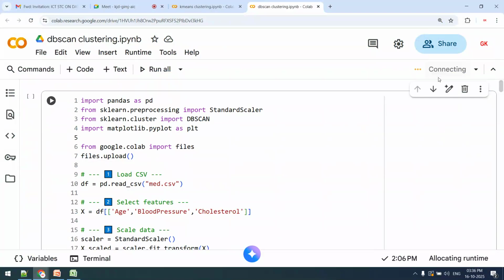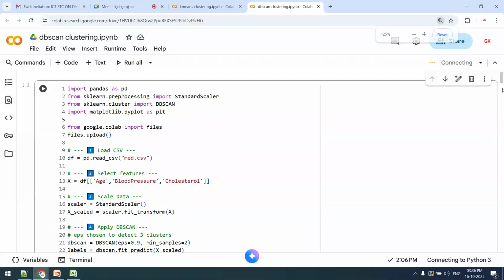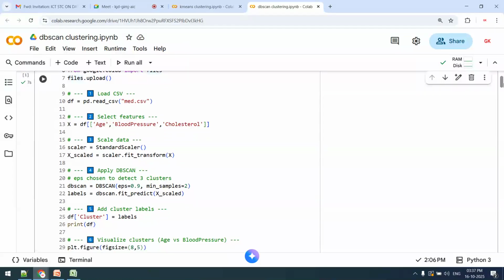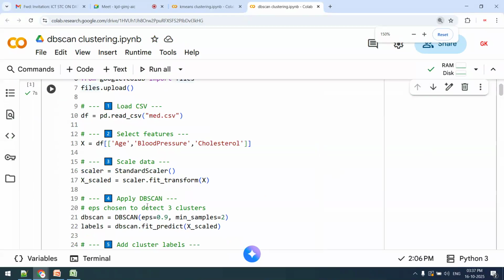You can see, we will upload the mat.csv file from google.colab, import files. Here we have specified epsilon 0.92, minimum samples, and StandardScaler is also required. This is also a part of data pre-processing.